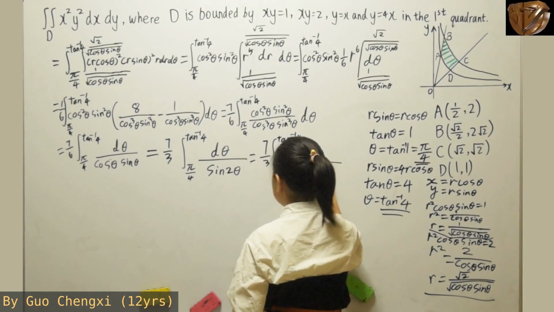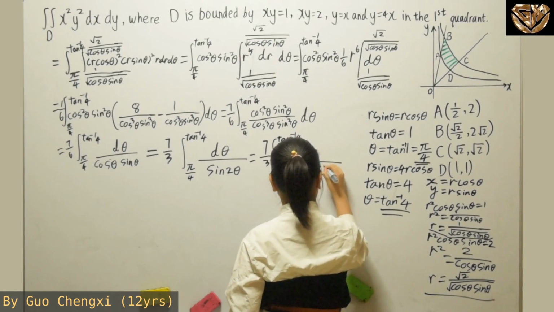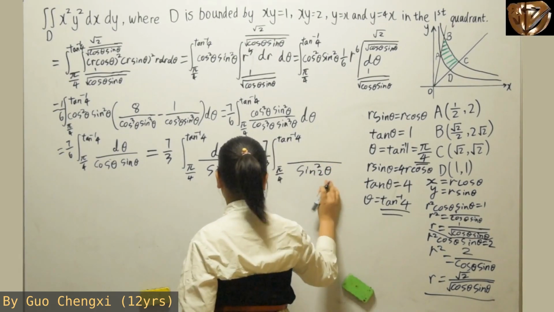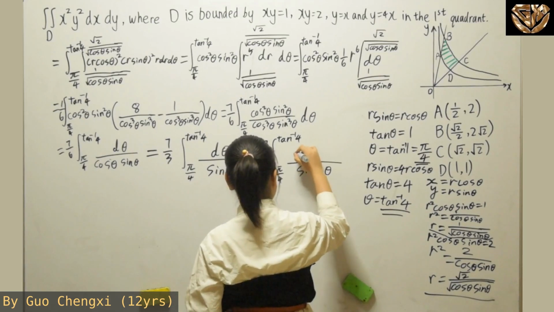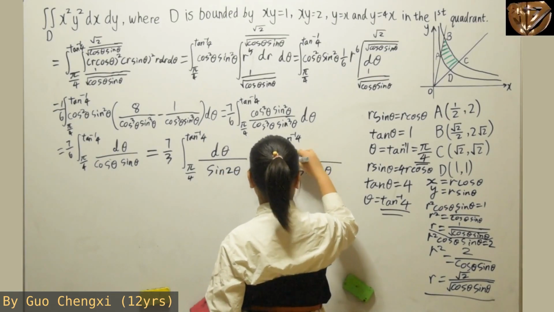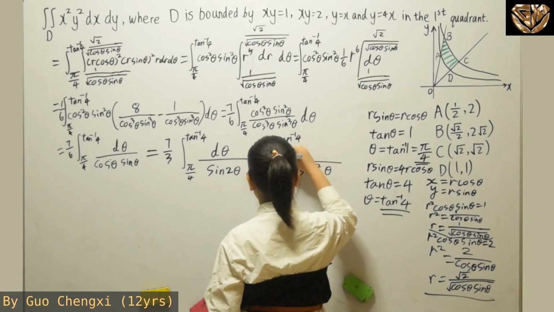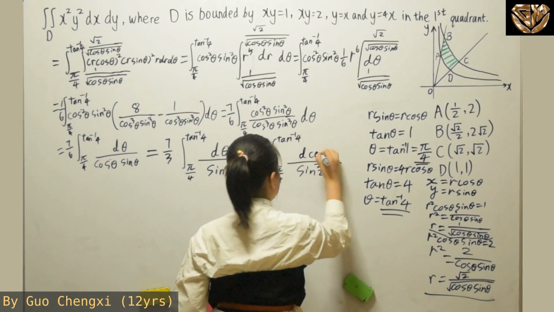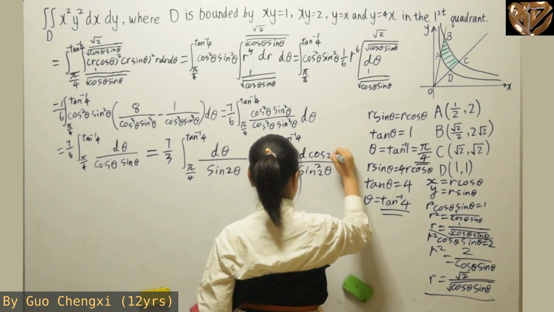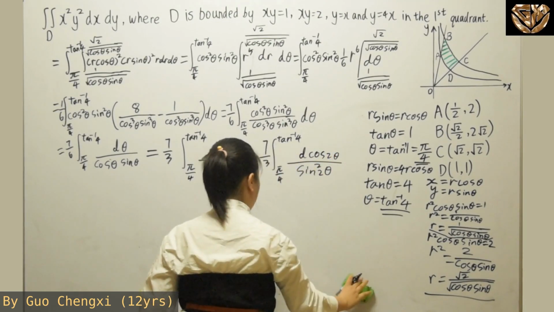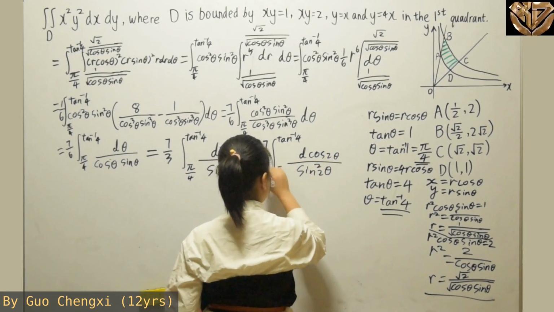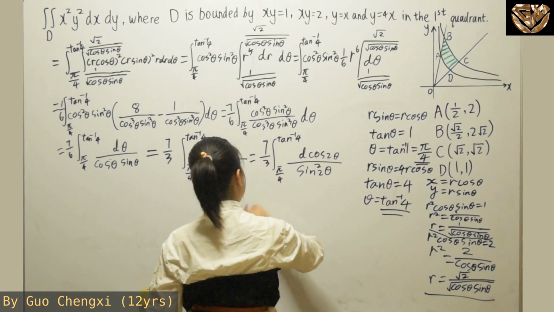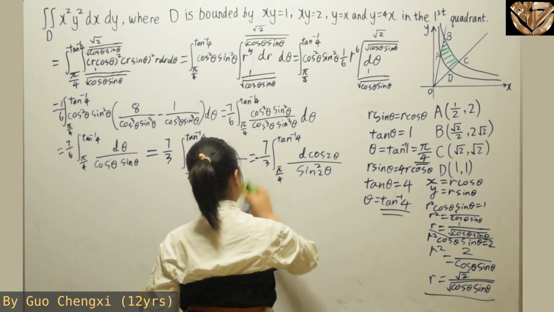So for this part, the sine 2 will become sine 2 theta square, and for this we can put the sine 2 theta inside this part, which will have a d. So here we will not just get the d cosine 2 theta, well over here we'll also have a negative in.